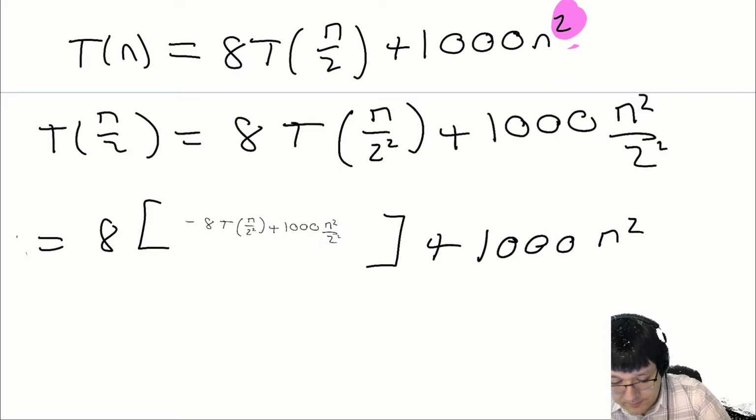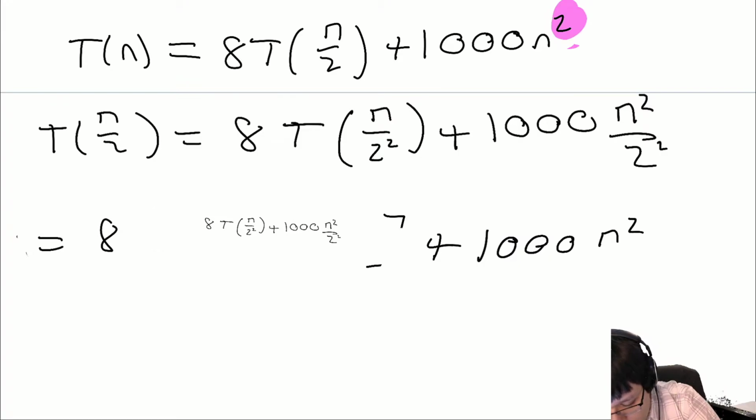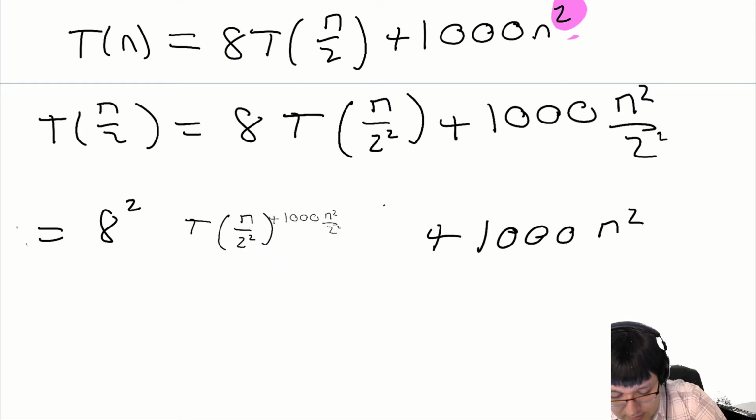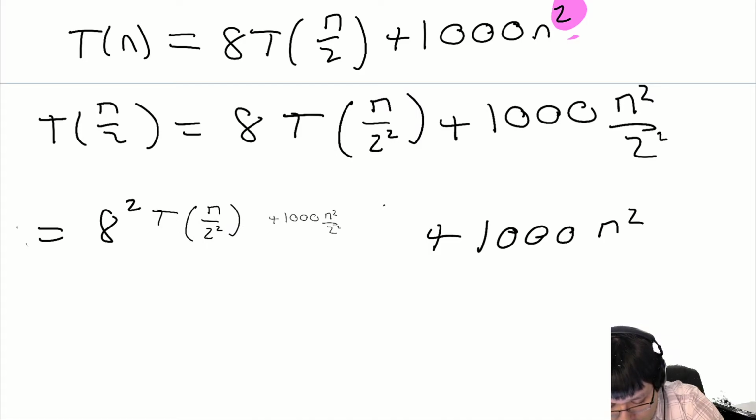Okay? And then we gotta simplify that. So to simplify it, we gotta multiply both sides times 8. So that becomes 8 squared. You can re-magnify that like that. And then this part has to be multiplied times 8 as well.